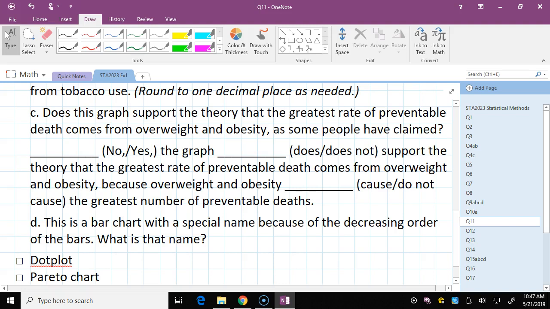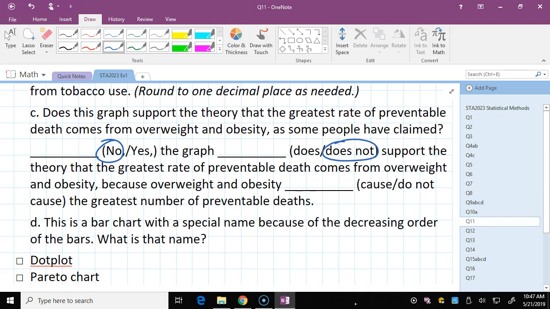So does this graph basically say that it is typical that people die because we're overweight and obese? No, right? So you click on the no in the drop-down menu. And then it says the graph blank supports, does or does not. So does not, right? Because you're saying it does not support.